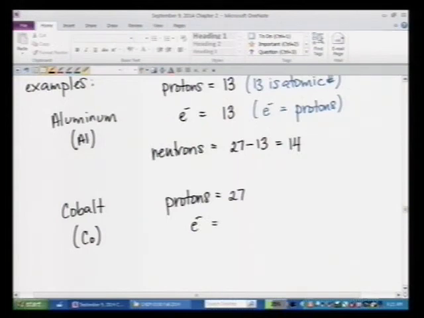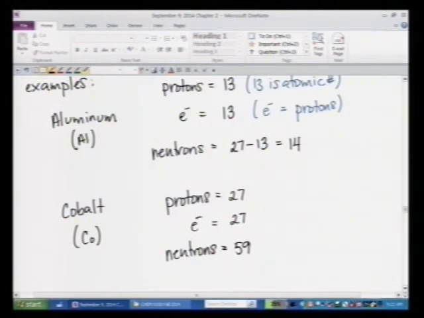Number of electrons for an uncharged cobalt atom? 27. If it's uncharged, the number of protons is going to equal the number of electrons because the positive and negative charges have to balance out. The number of neutrons? Okay, you would look at the atomic mass for cobalt on the periodic table, which is 58.9, so you would round that up to 59.